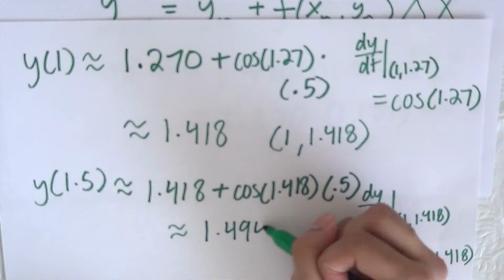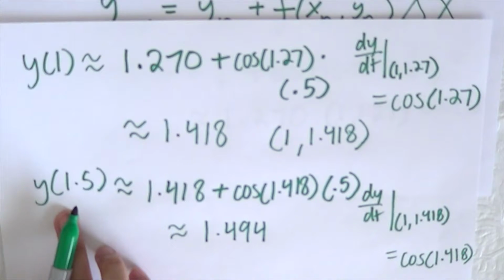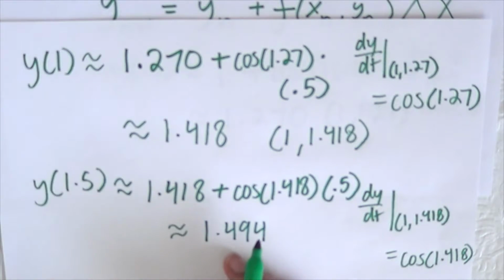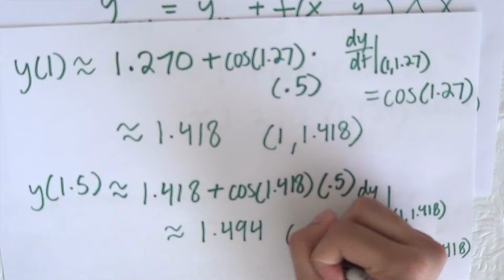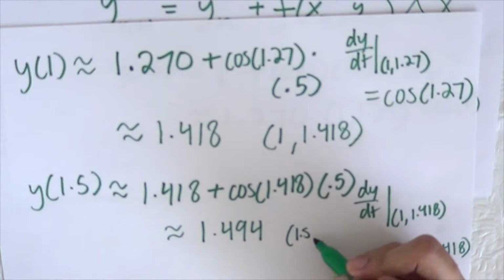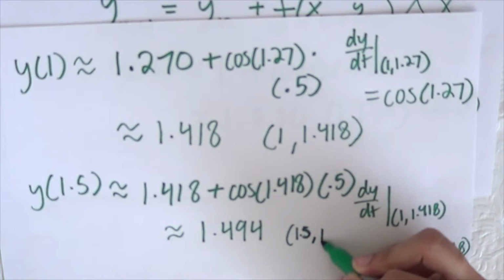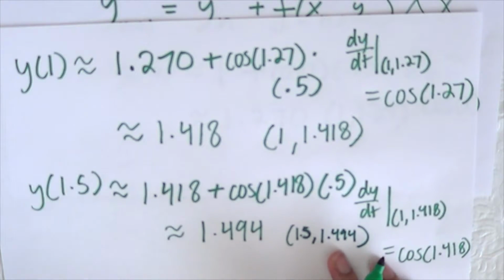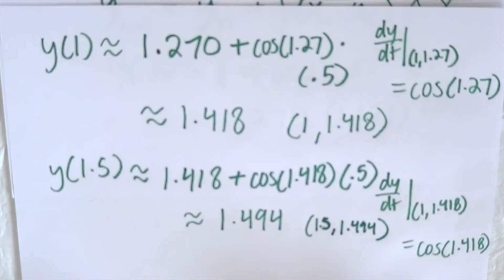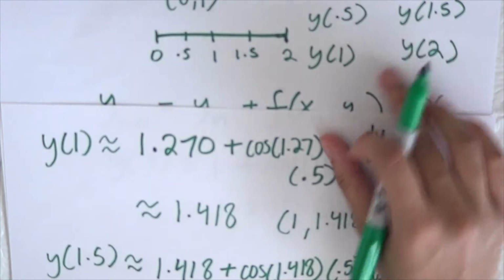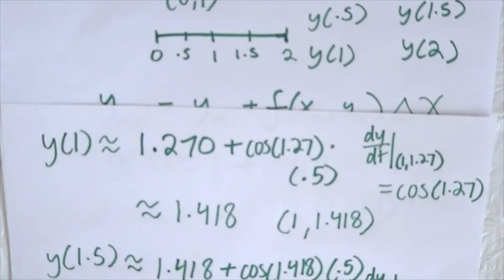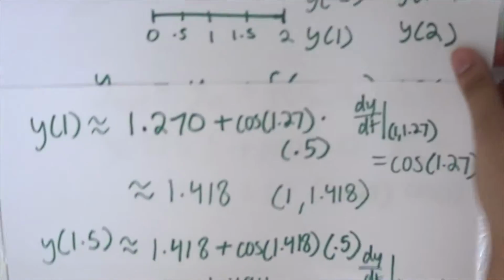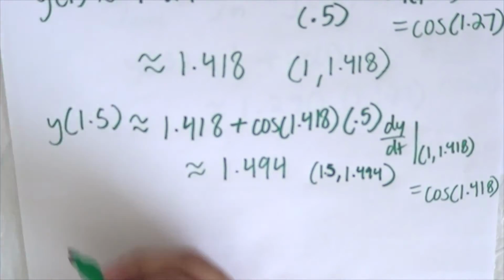So our approximation for y of 1.5 is 1.494, and our point is 1.5, 1.494. That's our point. So now our last step is to find the y of 2, which is our last point. So let's approximate y of 2.